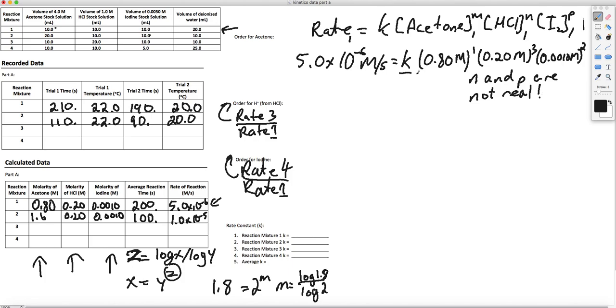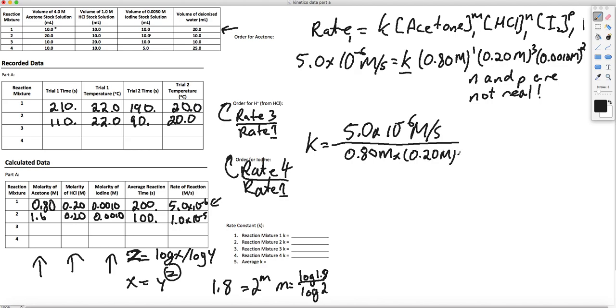So now what I can do is solve for this value of K. So K is going to equal 5.0 times 10 to the negative 6 molar per second, divided by everything that I have here, 0.80 molar times 0.20 molar, and that's to the 3, and 0.0010 molar, and that's to the power of 2.